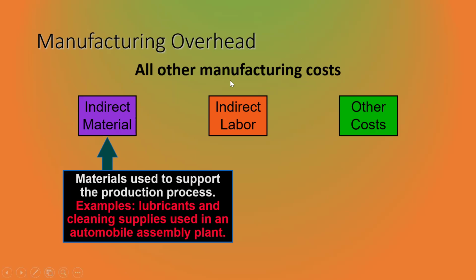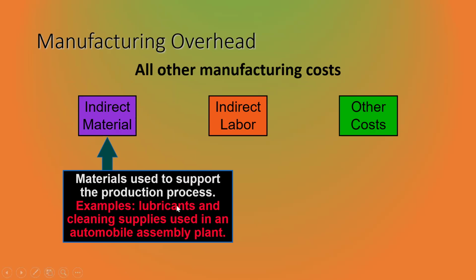So in manufacturing overhead, first of all, we have indirect material. Indirect material is material used to support the production process. So that's why this is called supplementary or supporting materials.